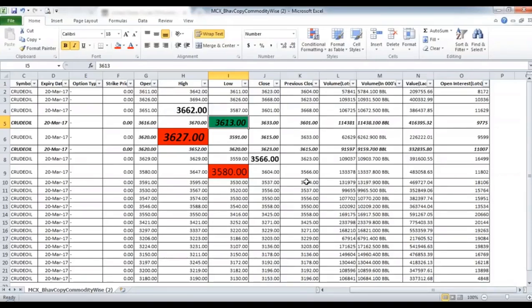It is going down. Now, when it is going down, it broke this 3613 level on this day, right? So the 3613 level was completely compromised, the support level that you had already seen. So this is broken. Now, after this is broken, where is the next support level which is formed? The next support level which is formed is at 3580.